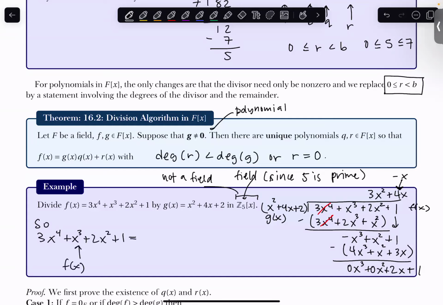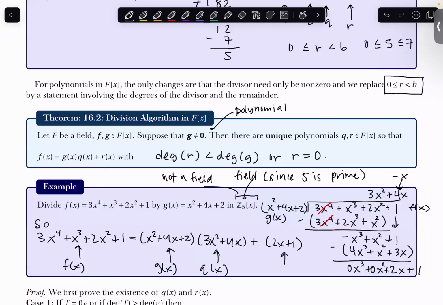This is going to be some product of g of x. So I have x squared plus 4x plus 2. Here we're going to have this, which is going to show up in the product of 3x squared plus 4x. So this is working like our q. And then the remainder that I have is this 2x plus 1. And you don't have to put that last one in parentheses, but just to make it obvious what the whole polynomial is going to be here.